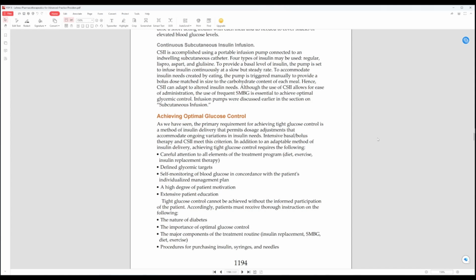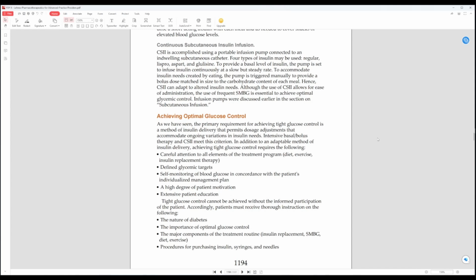To provide a basal level of insulin, the pump is set to infuse insulin continuously at a slow but steady rate. To accommodate insulin needs created by eating, the pump is triggered manually to provide a bolus dose, matched in size to the carbohydrate content of each meal. Therefore, CSII can adapt to altered insulin needs.